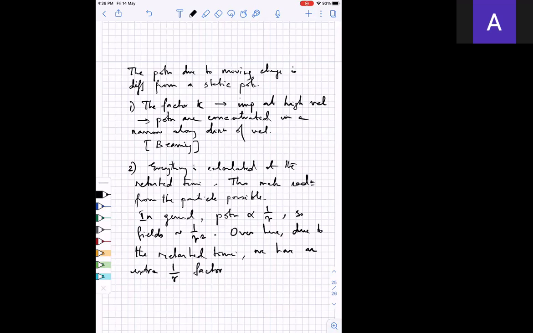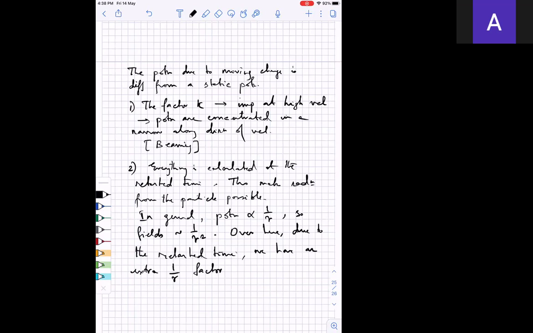So there is a 1 by r squared factor. But because things are evaluated at a retarded time, you will see there is a 1 by r dependence. Now, when there is a 1 by r dependence, it basically means that you have something that goes too far because it does not fall off fast. So your effect is felt very far away.